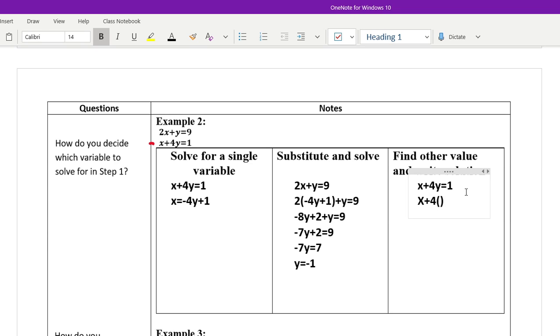Because it has a y as a coefficient, I need to show that I'm multiplying by the -1. My next step, I need to simplify. I can multiply the +4 with a -1. This gives me x minus 4 equals 1.